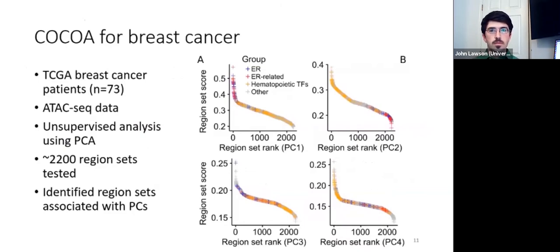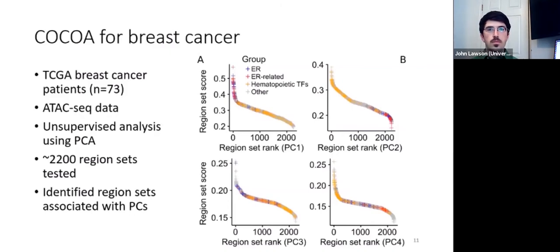We have a database of 2,200 region sets, and we want to see what region sets are associated with the principal components of the ATAC-seq data. And hopefully this can shed some light on the biology of the chromatin accessibility variation between samples.